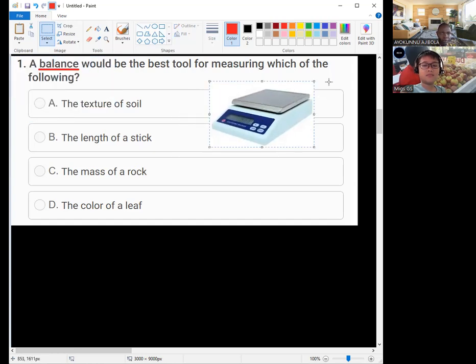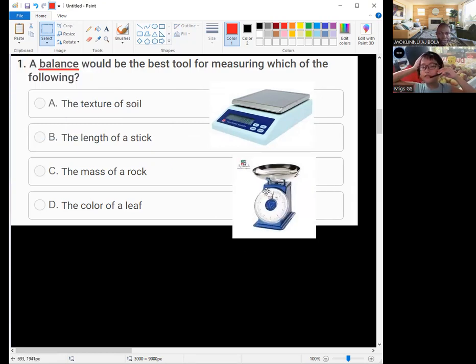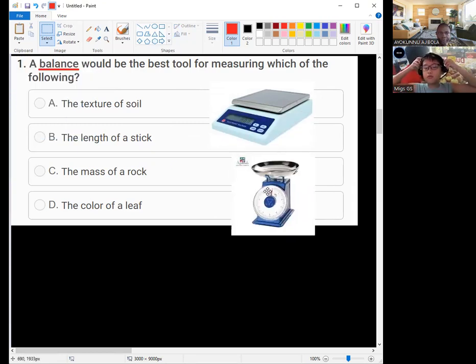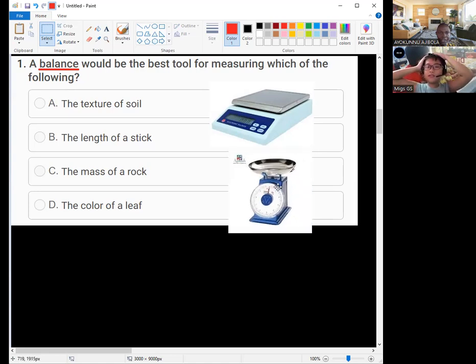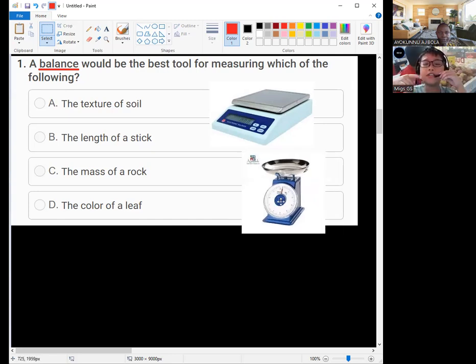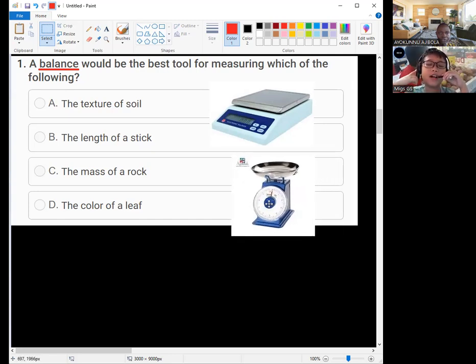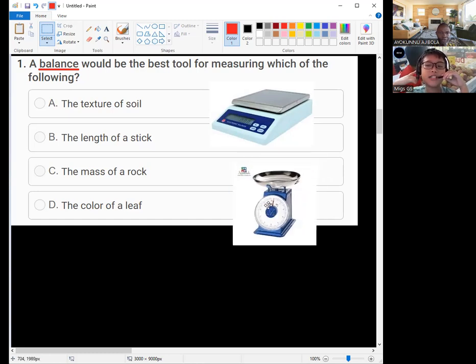Have you seen something like this before? Yes, we saw that, but only outside, at stores.